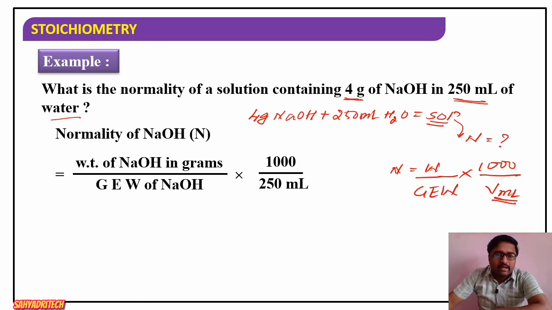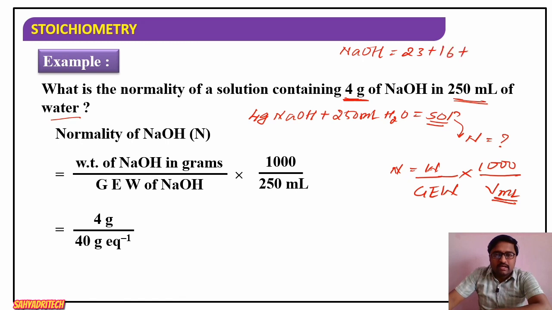The weight of solute, sodium hydroxide, given is 4 gram. The gram equivalent weight of sodium hydroxide: for NaOH, sodium 23, oxygen 16 and hydrogen 1, so 40.